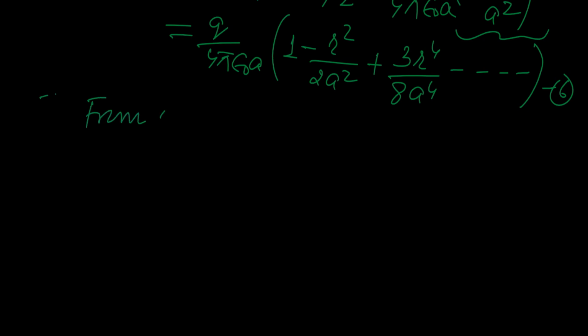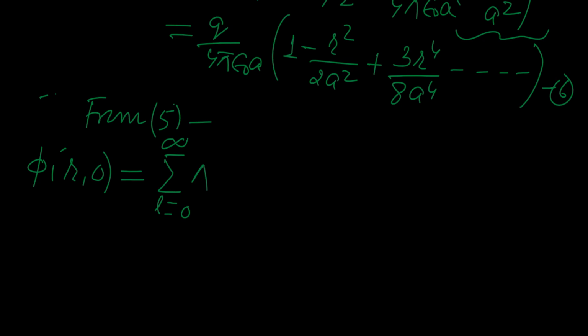Phi of r0 equals summation L 0 to infinity AL r to the power L and PL, as theta is 0, so cos theta will be 1.